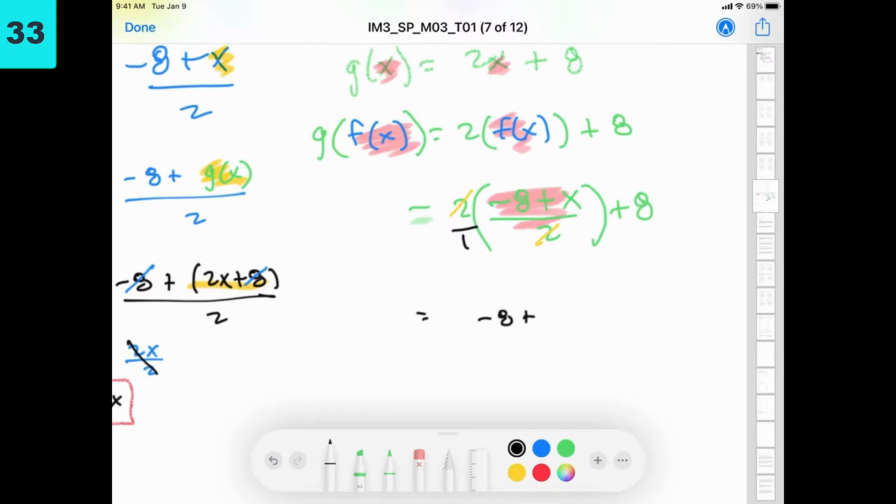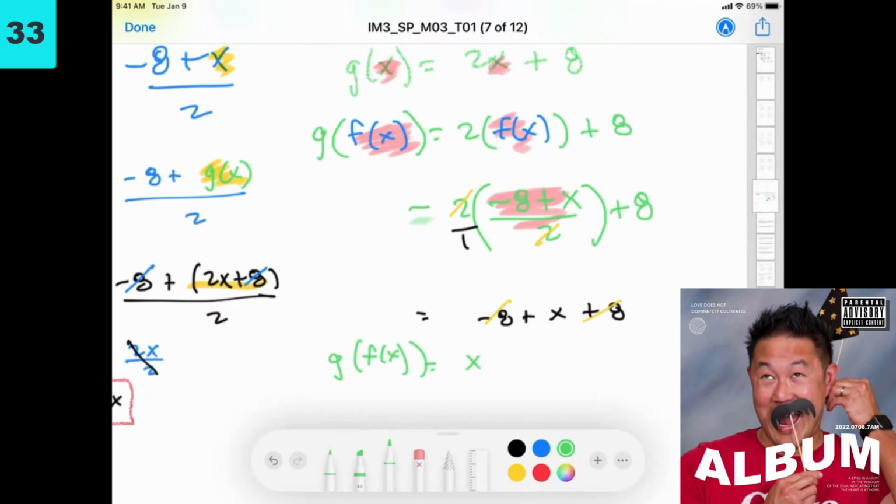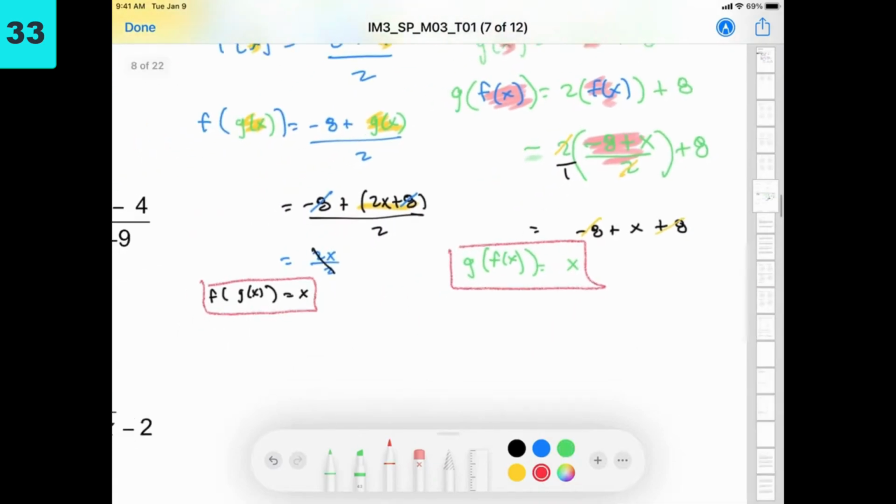Negative 8 plus x plus 8, and negative 8 and a positive 8 equal x. So g of f of x equals x, and that is a good thing because now they're both equal to x, and if they're both equal to x, then we can say yes, they are inverses.